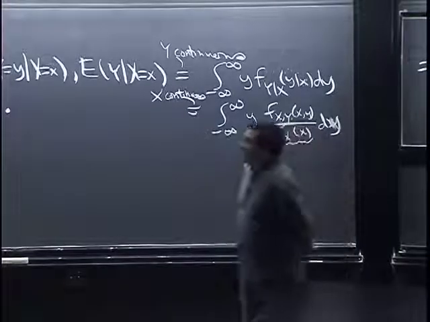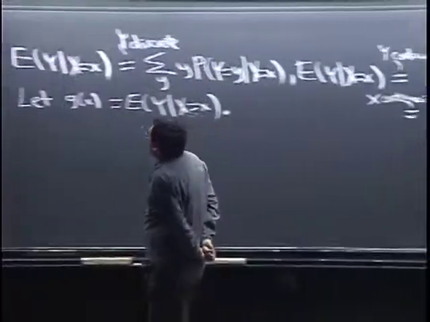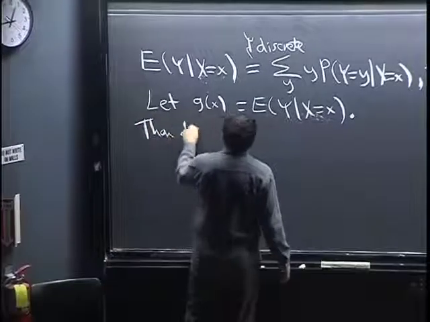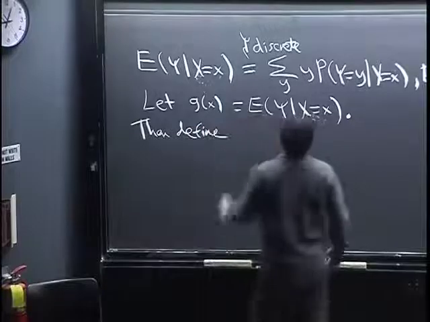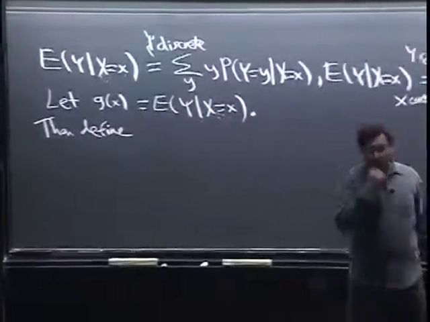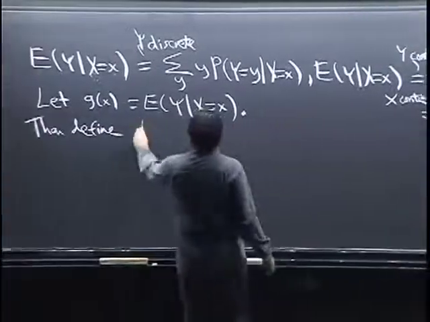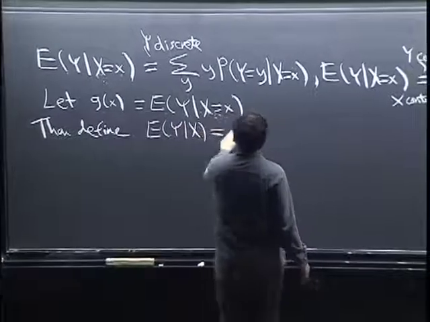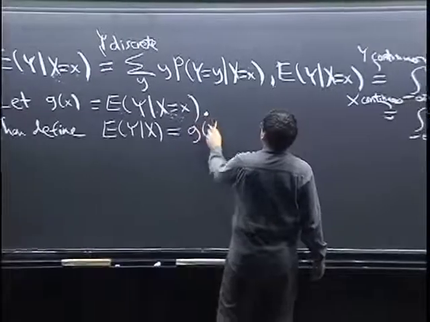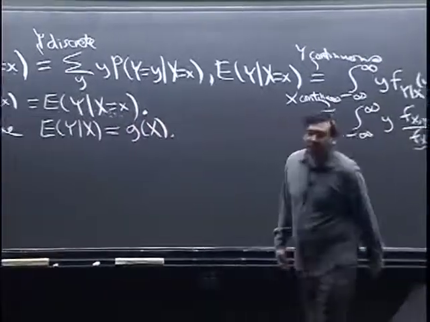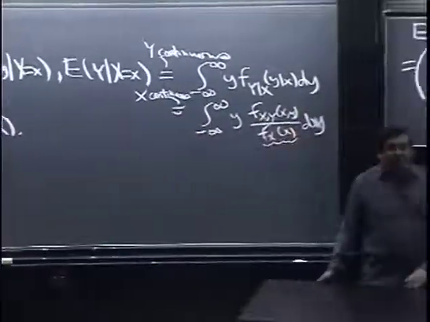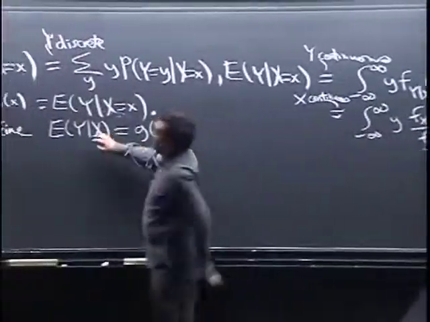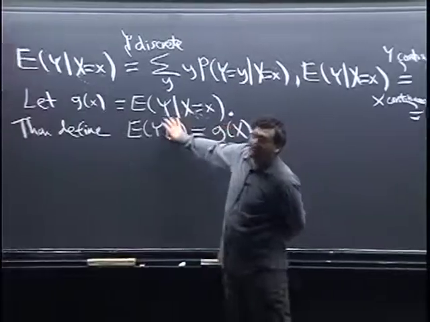So that's just to emphasize that it's a function of x, but that also suggests how to define conditional expectation given a random variable. We want to define E of Y given capital X as g of capital X. This is not a complicated looking equation, but conceptually it takes a lot of thought.